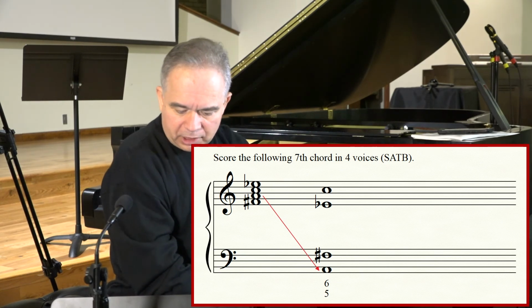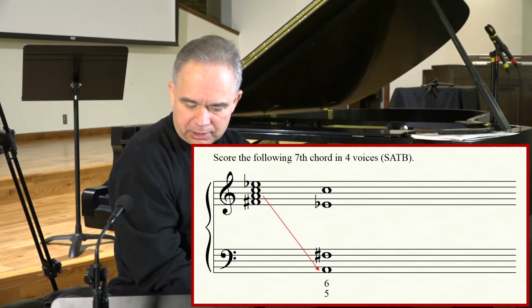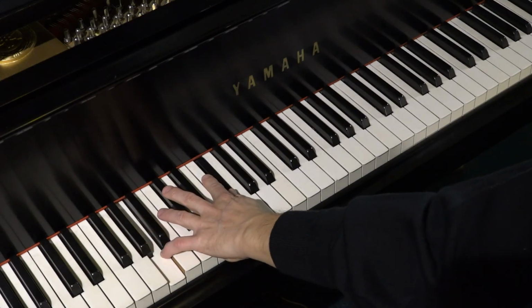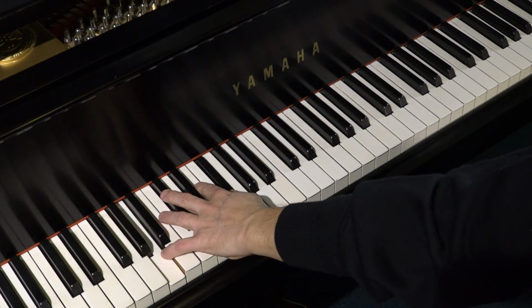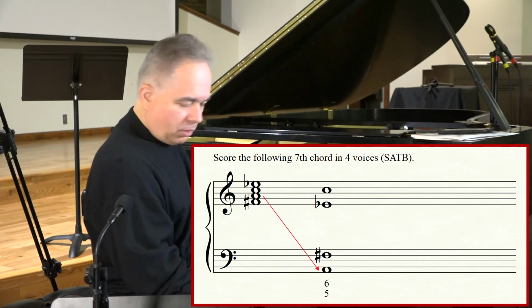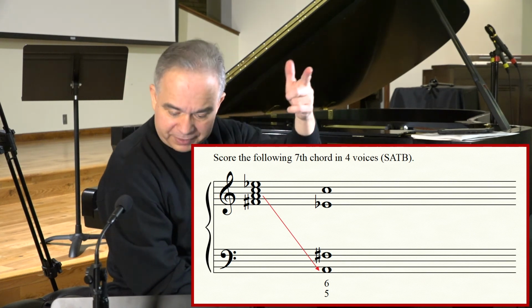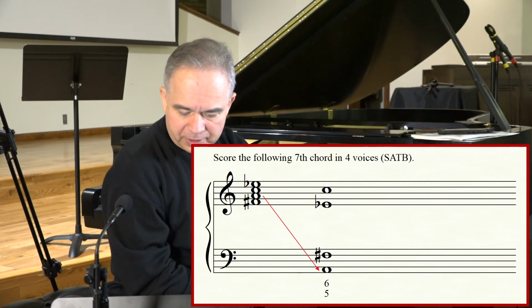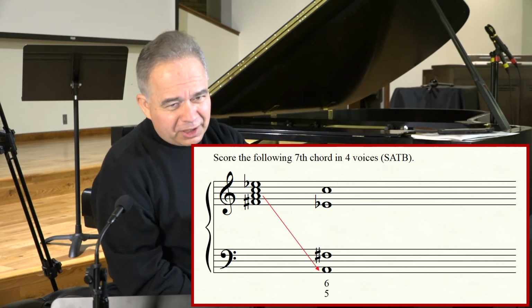Now, you can work the 6 and the 5 if you want. A to F sharp. It's your 6, okay? A to C, okay? Even though it's a third above the octave, we reduce all these compound intervals to simple intervals. A to C is a third. The third doesn't get notated.